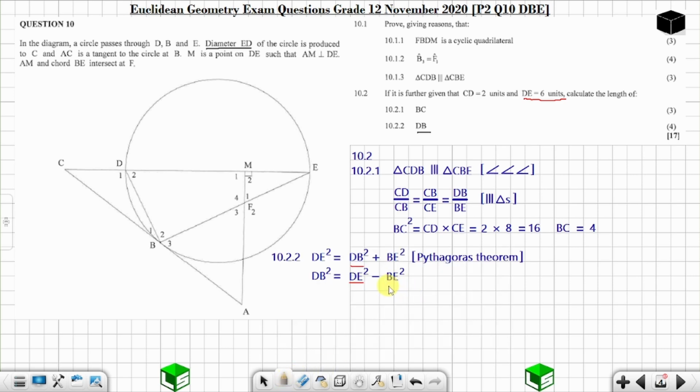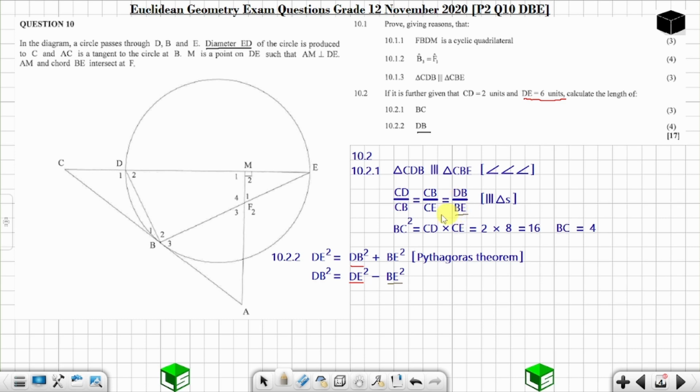We don't have BE. We can find BE using this equation because we have BE in the equation.